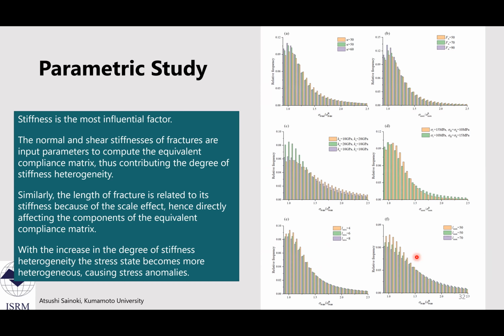And with the increase in the degree of stiffness heterogeneity, the stress state becomes more heterogeneous, causing the stress anomalies.